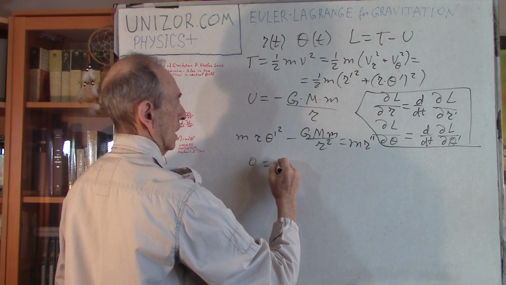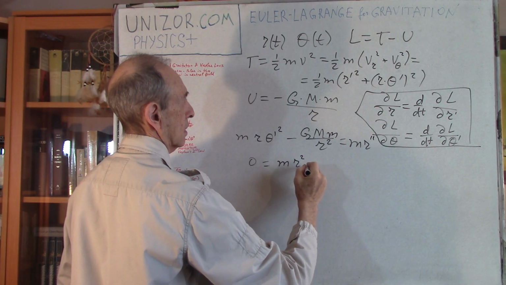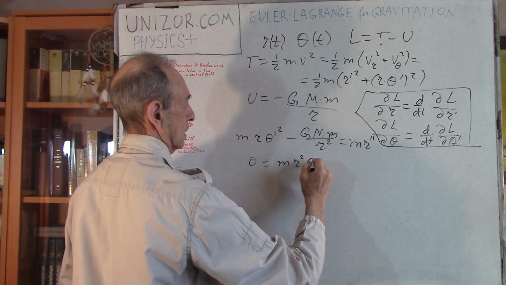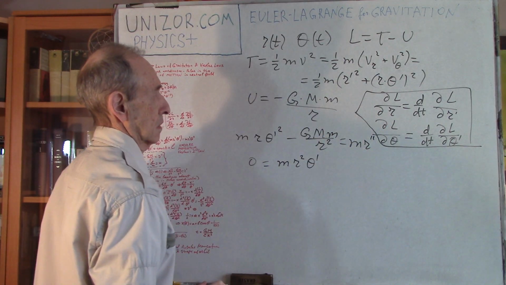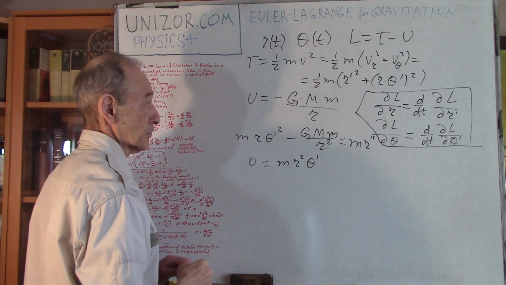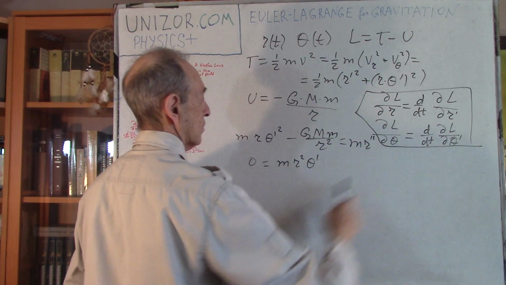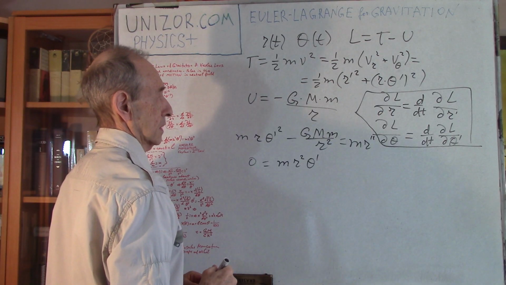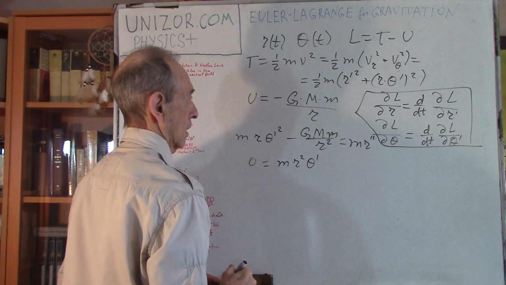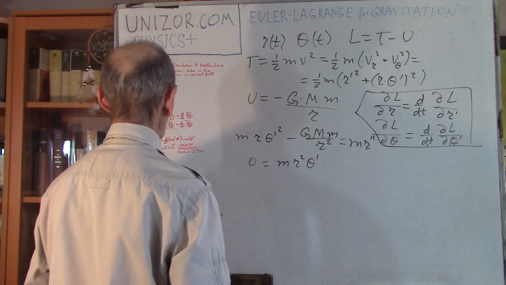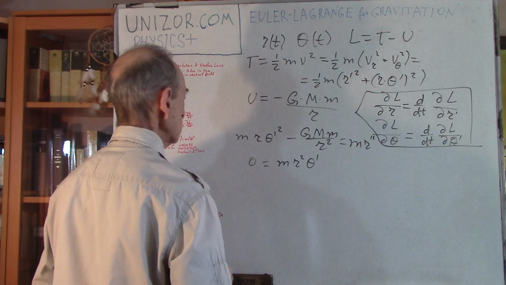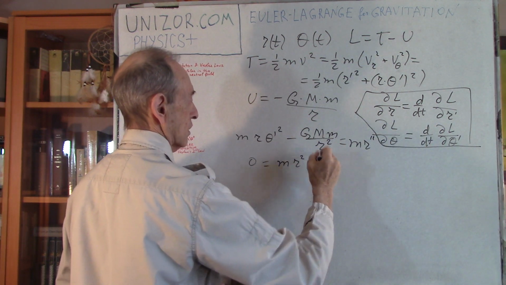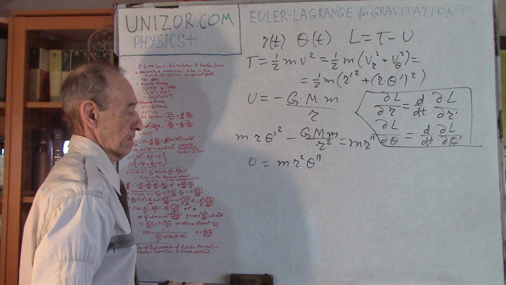It would be m r squared theta prime. We are partially differentiating by theta prime. Okay, and then we have to differentiate by time again, so it's double prime here.